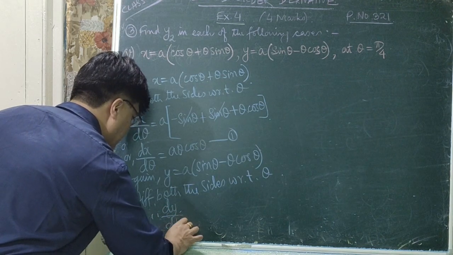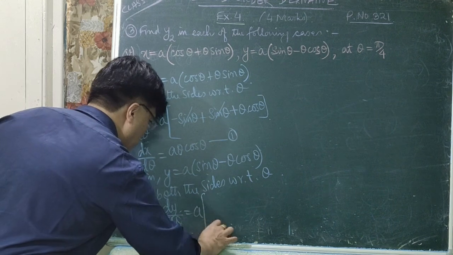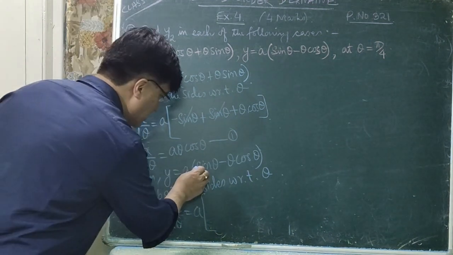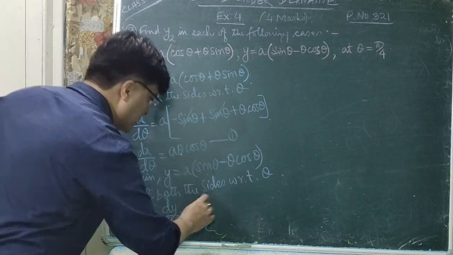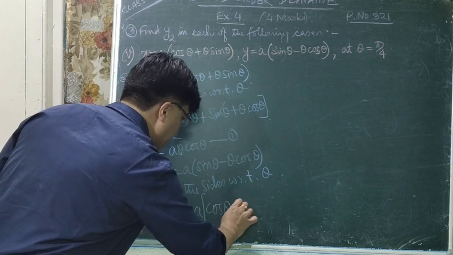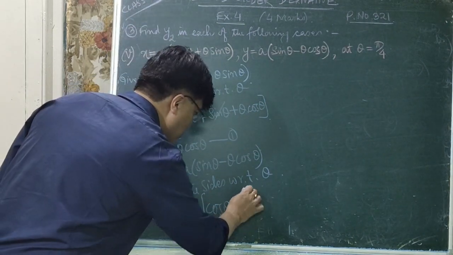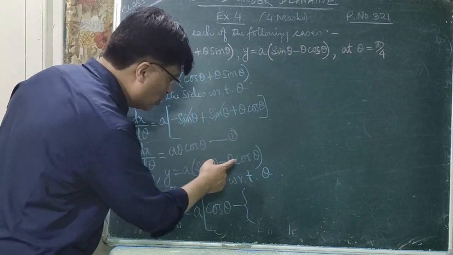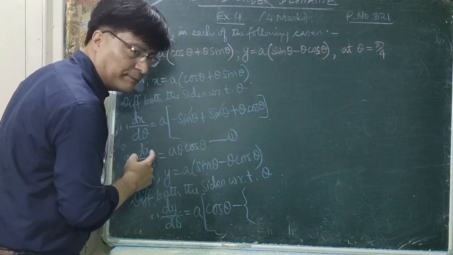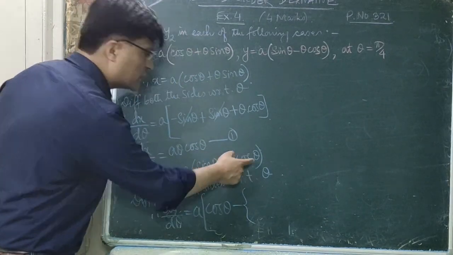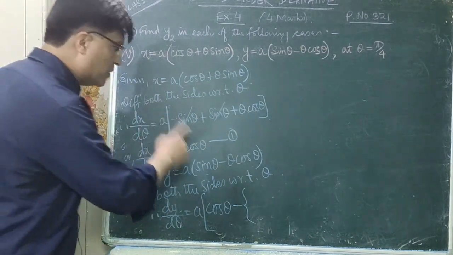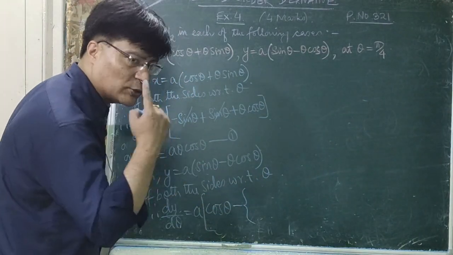So what do we get? dy by d theta is equal to a within third bracket. What is the differentiation of sin theta with respect to theta? It is cos theta. Minus sign is there. So within second bracket, use UV rule for theta cos theta, because this is the product of two functions here. Now first you differentiate theta with respect to theta, that is 1.